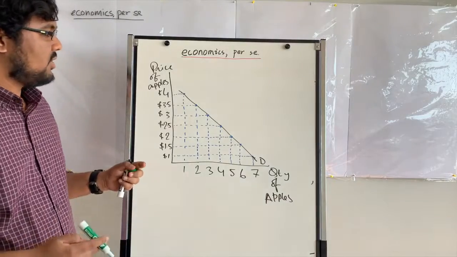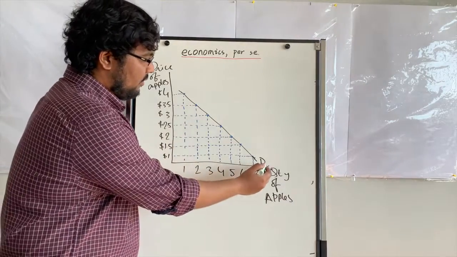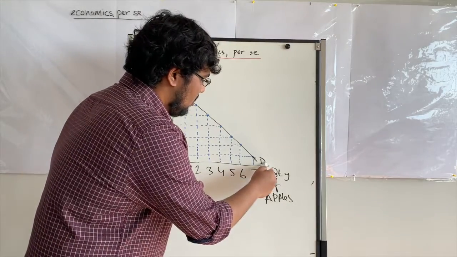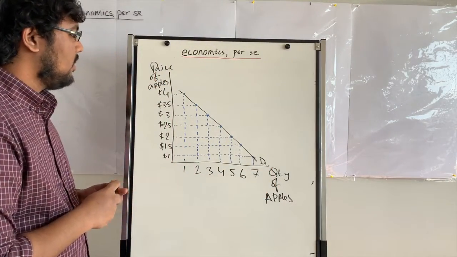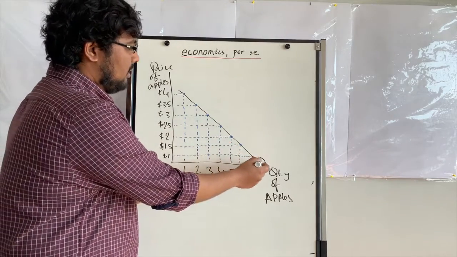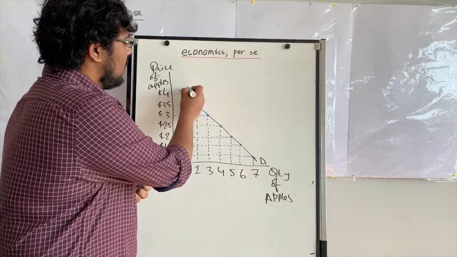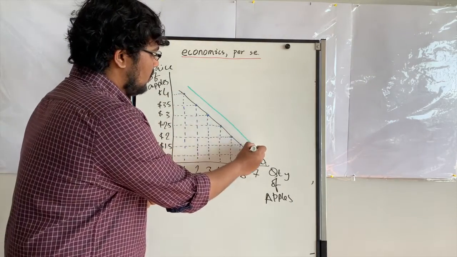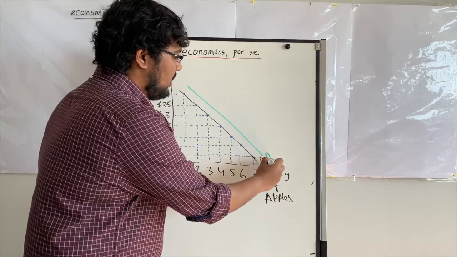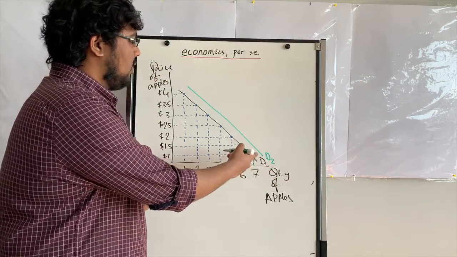So if a shift of this demand curve D, let's call it D1, were to happen, it can happen in either way. The demand curve D1 can shift to the right, or we can call it a rightward shift, and this will be a new demand curve at a new position.